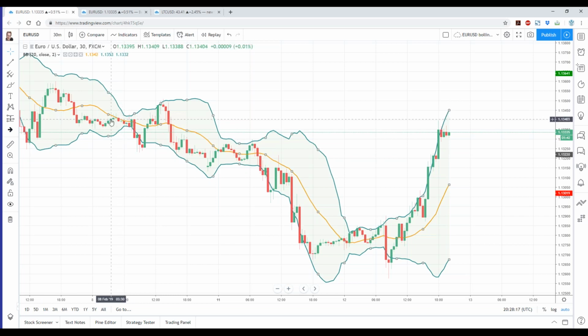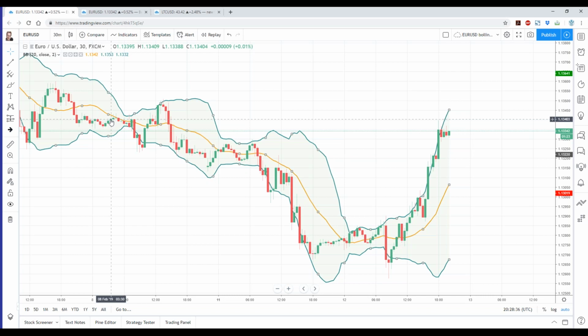And then you would look for a breakout strategy. When the bands get tight together, okay, and we happen not to have this in this current trading session, but when you see the bands congested and they're very, very narrow, you know sooner or later they're going to break upward or downward.